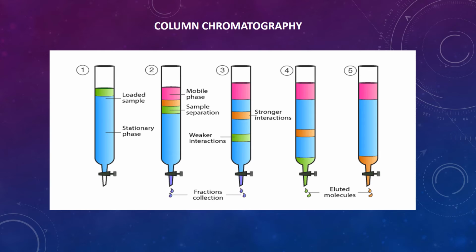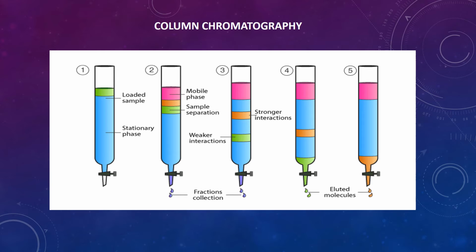In the second one you can see the mobile phase is loaded. Now you can see if the interaction with stationary phase is more, the fraction or eluted molecules come slower, and if the interaction with mobile phase is more, the eluted molecules or fractions will come out faster.